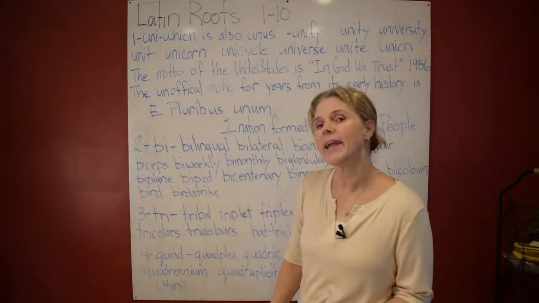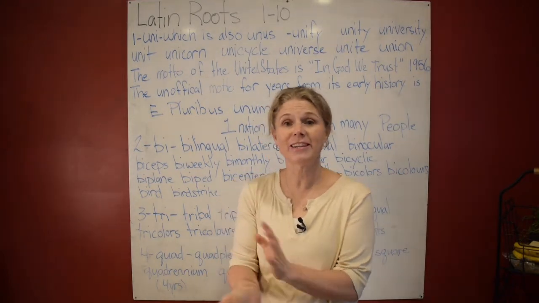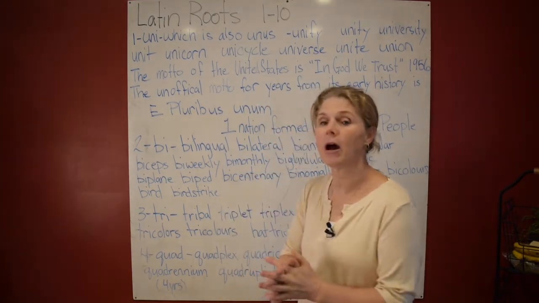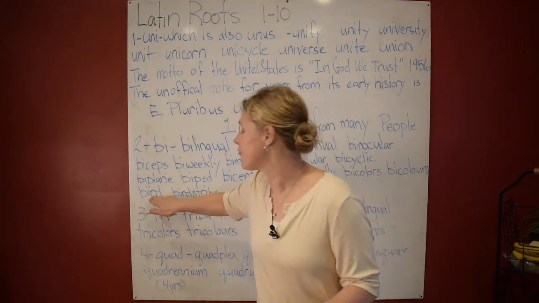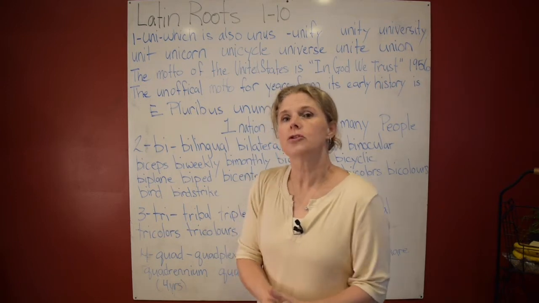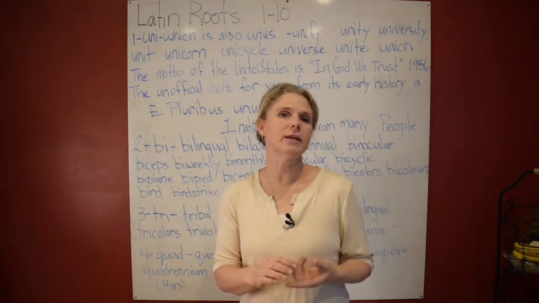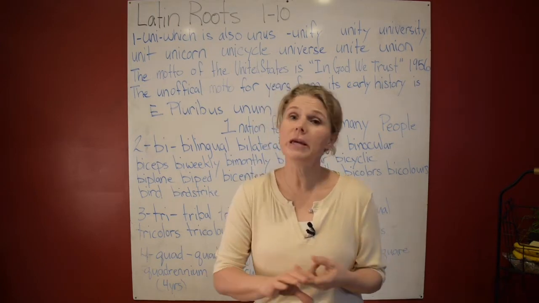Bird, bird strike. So I could not find this at all in all of my studies, but I'm putting it here as a Latin root for bird, because this will help you always spell bird correctly. So it's sometimes confusing. Is it B-E-R-D, or is it B-I-R-D?